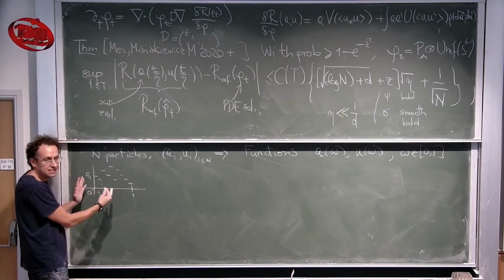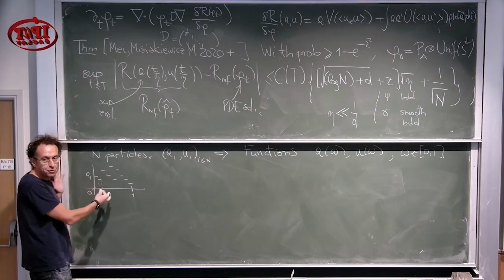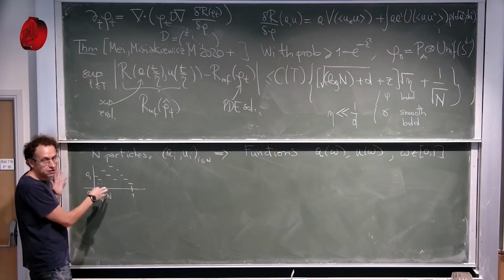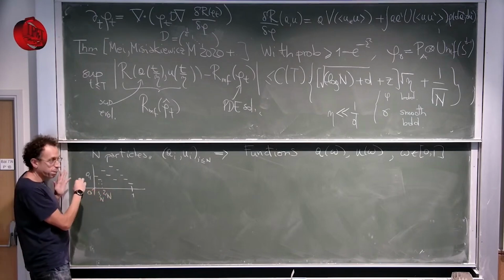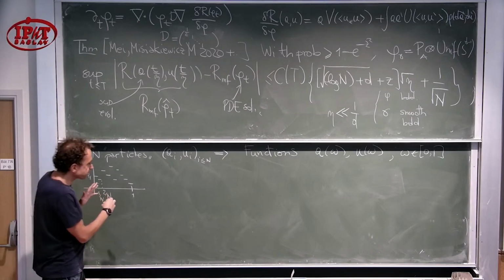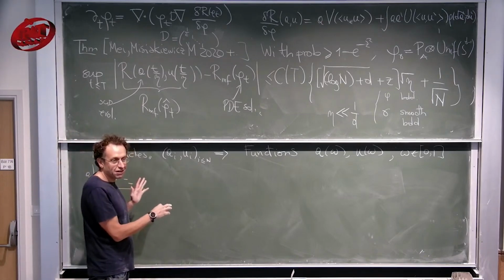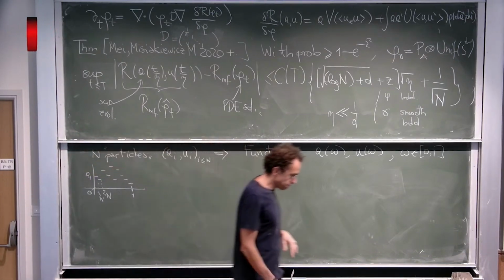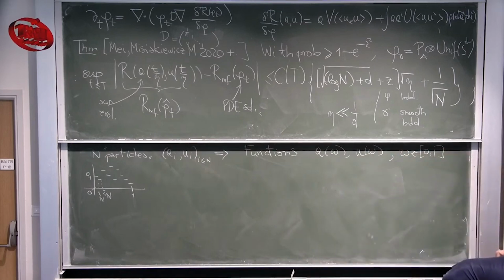If you embed things in this way, when you let n go to infinity, you will get a function. Of course, it might be a horrible function, but you can think of working with it.